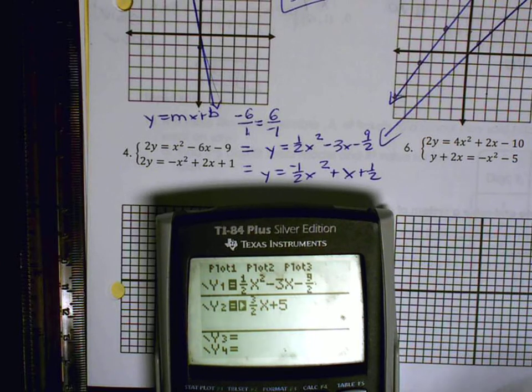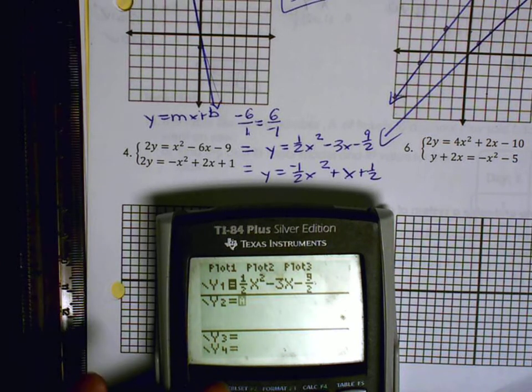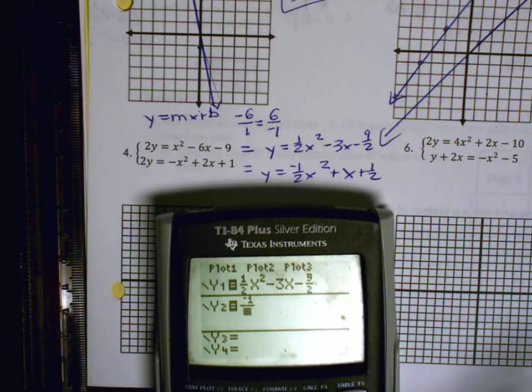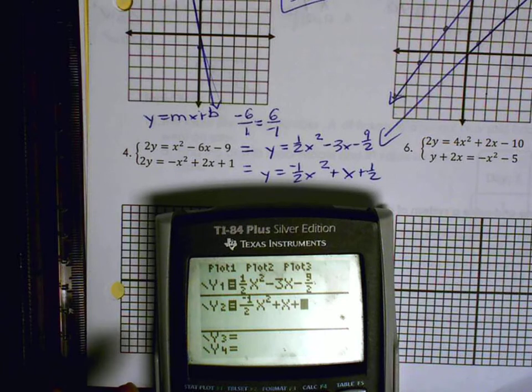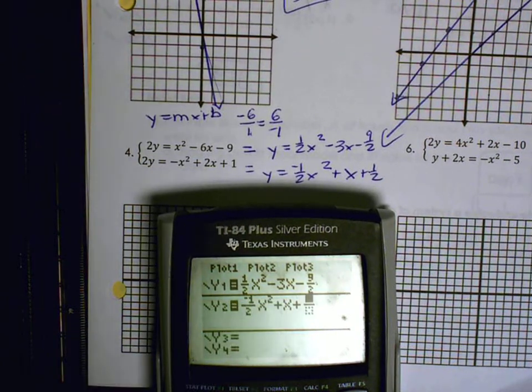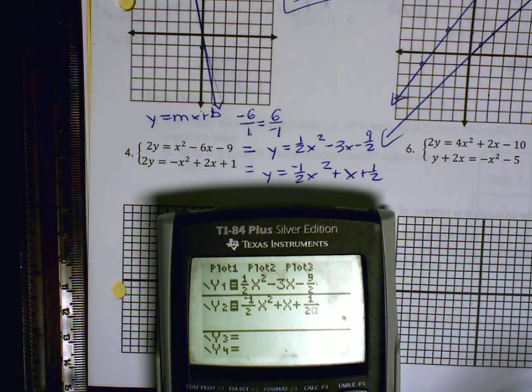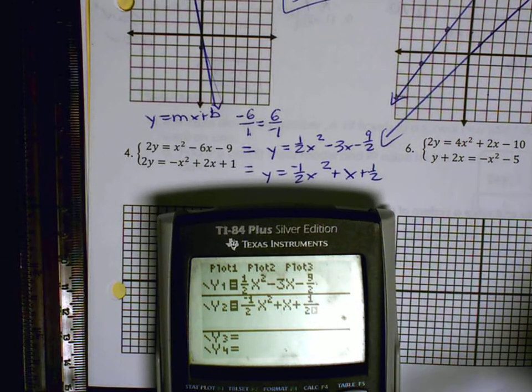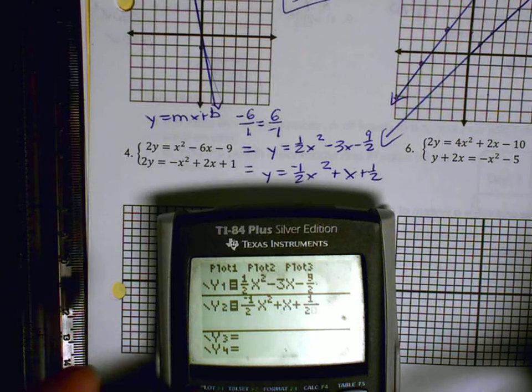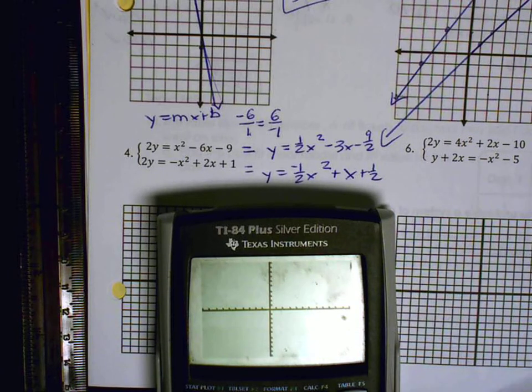And then my second one, alpha y equals, negative 1/2 x squared plus x plus alpha y equals enter 1/2. So again, I like alpha y equals enter because it looks like a fraction. If you don't use alpha y equals, you need to make sure that you're putting your fractions in parentheses when you put them in your y equals button.